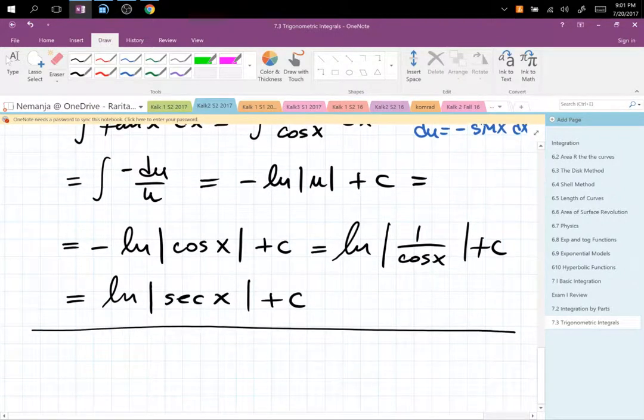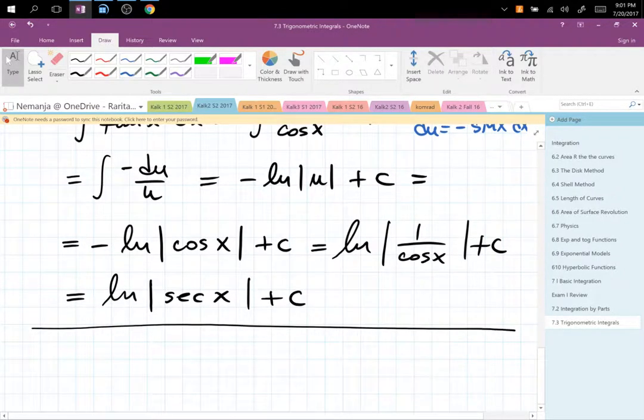All right. And now, I don't have a drum roll here, but here we go. This is the types of problems that we will be dealing with in this section. We are going to have exponents on both sine and cosine.